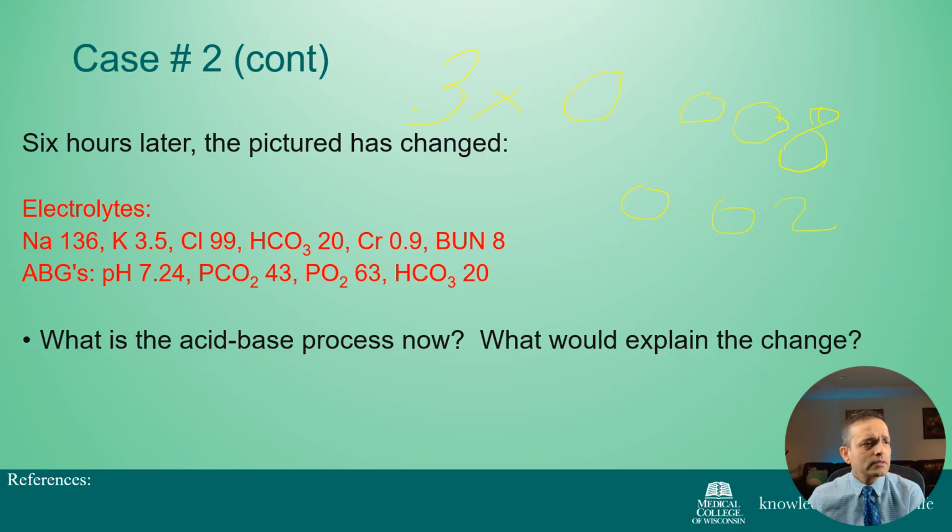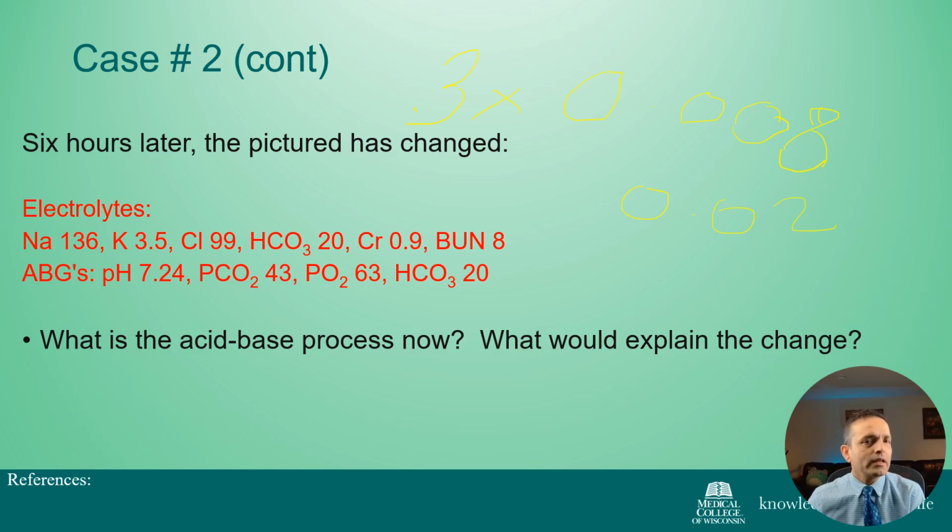So if that was the PCO2 change, the pH should go down just to 7.38, but here pH is 7.24. So there is a second process causing acidosis, which is metabolic acidosis.